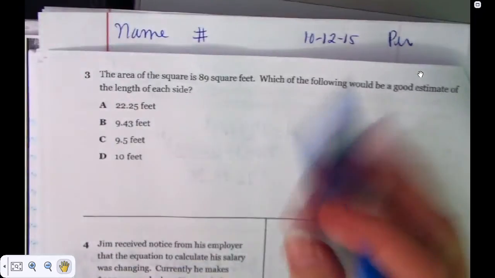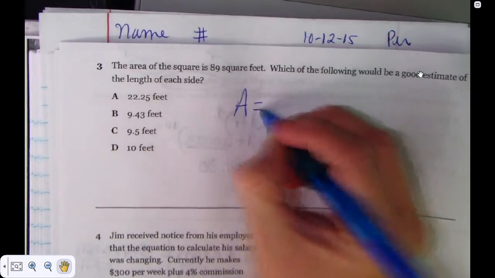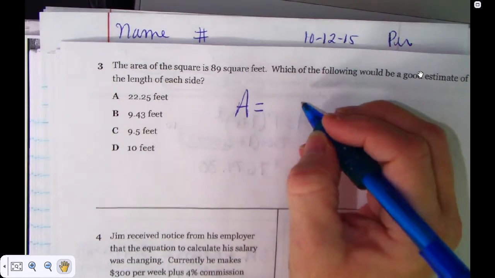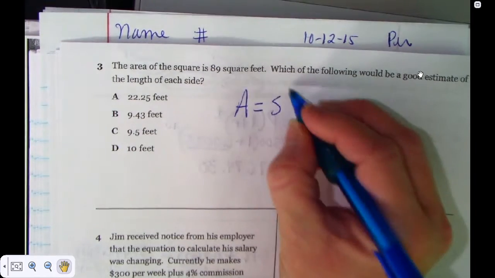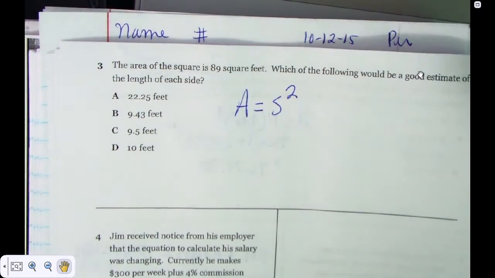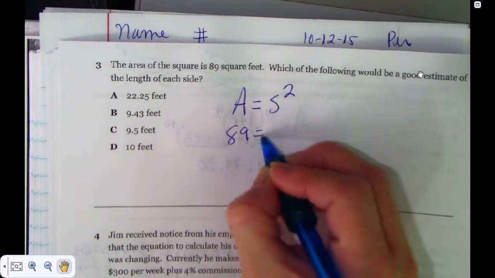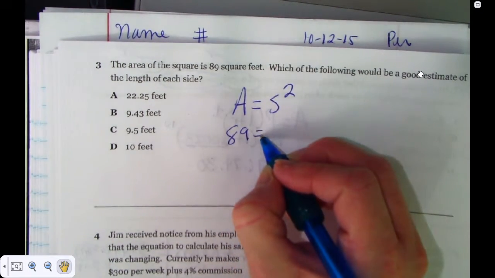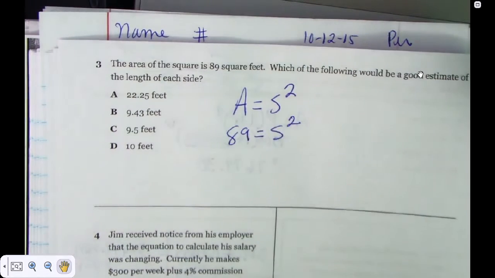Okay, look at number 3. How do you get area of a square? Yeah, or side squared, because the sides are the same, length and width are the same. So if 89 is the area, we're trying to find the side length.